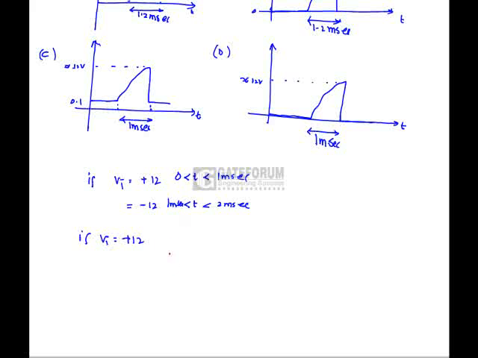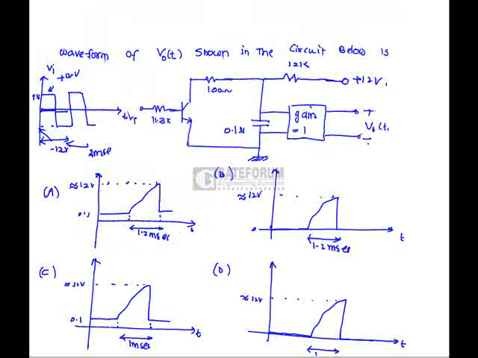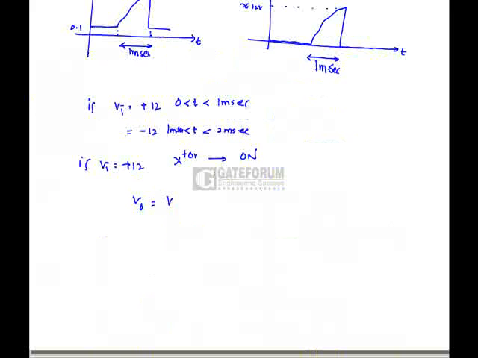So the transistor is in the on situation. This is 0.1 microfarad. V naught is nothing but the voltage across the capacitor.